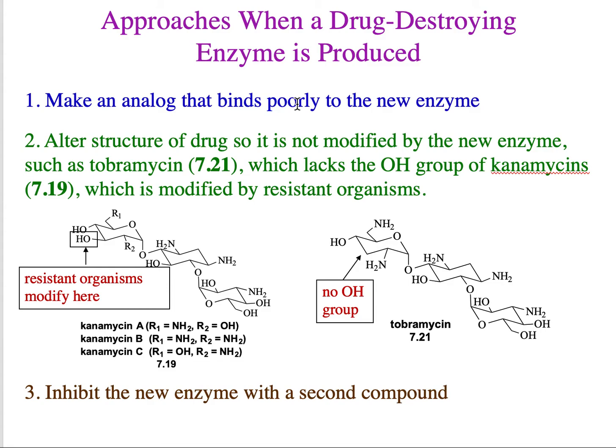If we can figure out how that bacteria is drug resistant and realize that it's due to a drug destroying enzyme, then hopefully we can modify our initial antibiotic so that it's not a substrate for the drug destroying enzyme, but still works to kill the bacteria. So this is giving you the skills that you have to apply to do that, with the specific example of kanamycin to tobramycin.